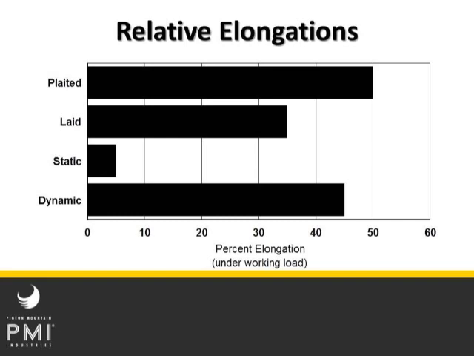Of interest, for 2012, there has been a suggestion, which will be discussed and voted on over the next year, to add laid rope as a possibility for the NFPA 1983.